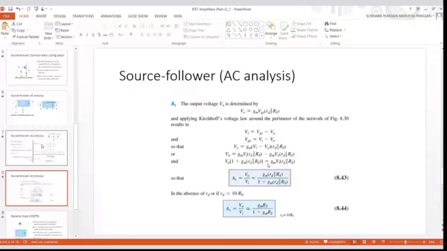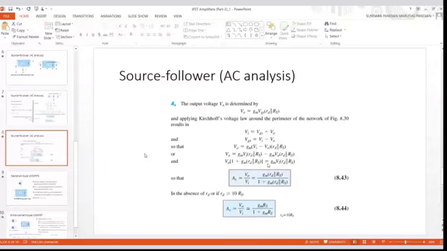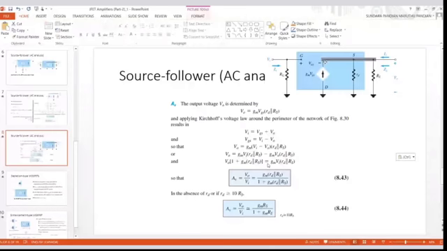I'll take that circuit directly. Okay, so this is that circuit. You can see that the output voltage is nothing but the current passing through this resistor into the effective resistance, so we have RD parallel with RS, and GM into VGS is the current passing through there.